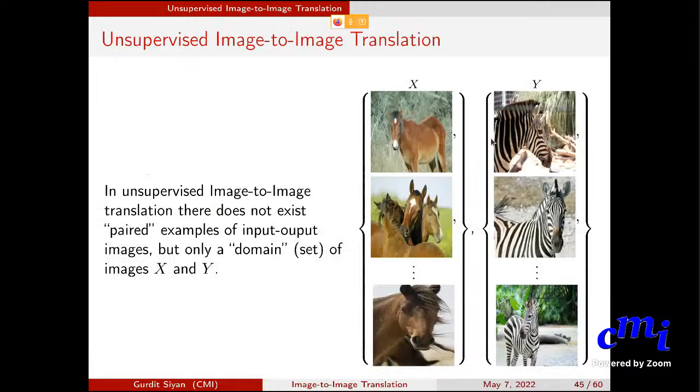So, for example, if a generator G has a discriminator D_Y in this domain, and the generator G always predicts this same zebra, the discriminator will think, oh yeah, this is in this domain. But that's not what we want.